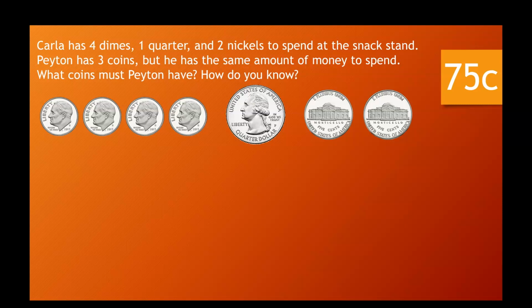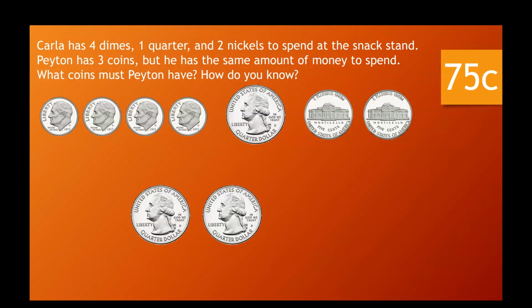Well, if Peyton only has 3 coins and he has 75 cents, then we know that he has 3 quarters. Because this is the only amount of change that we could have, 75 cents, and have only 3 coins.